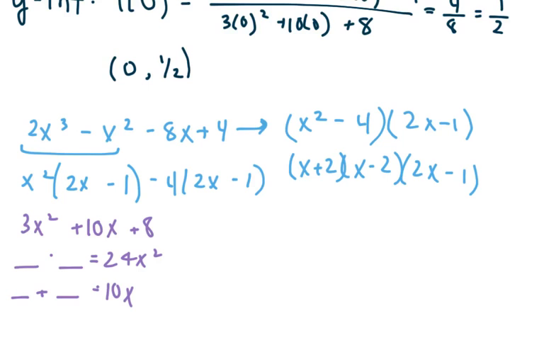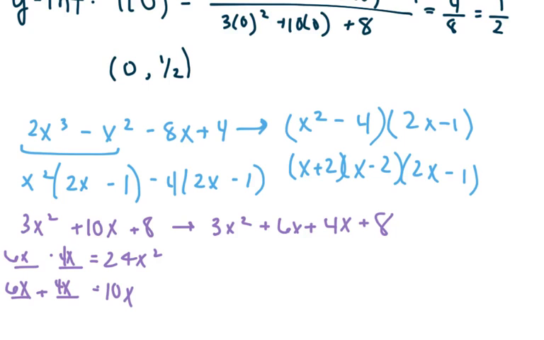To get the 24x squared, I multiplied 8 and 3x squared together, and then the 10x is b. This is the AC method. So that's going to be pretty obviously 6x and 4x, and then now we do factor by grouping anyway. So factor by grouping should be something you know. You've just maybe never seen it with a cubic. The 3x squared plus 6x plus 4x plus 8, right?